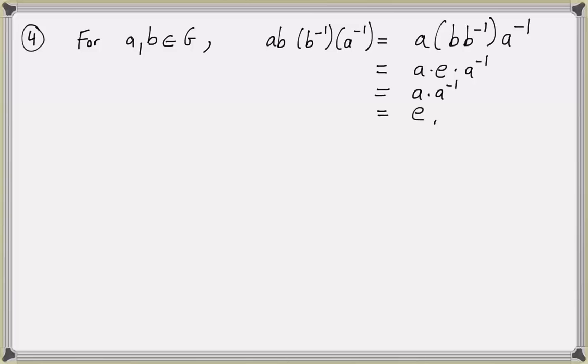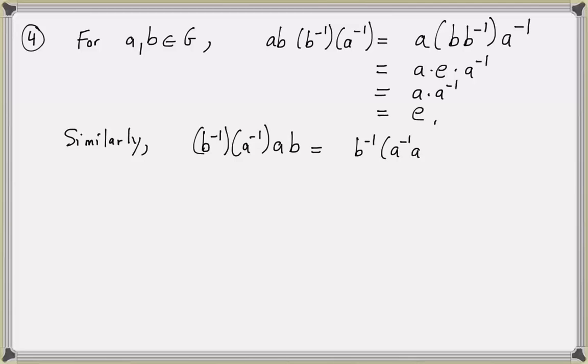Similarly, B inverse times A inverse times the product AB will equal B inverse times A inverse times A times B. The product in the middle will reduce to the identity element.